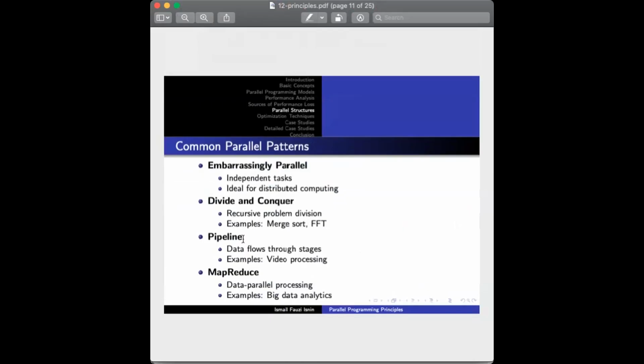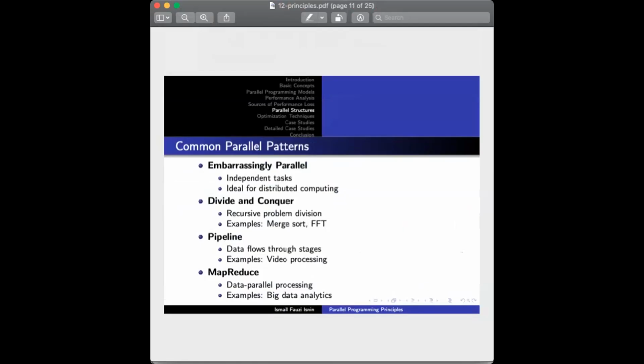Next, pipeline. This pattern flows data linearly through a continuous chain of distinct specialized stages, like an assembly line. This is the standard choice for video and media stream processing.